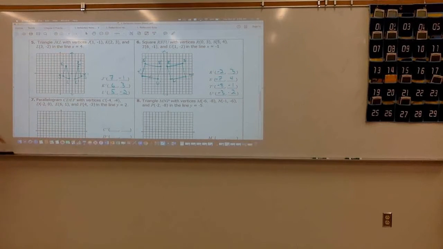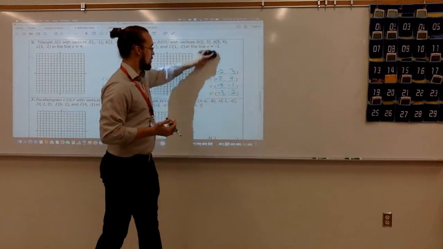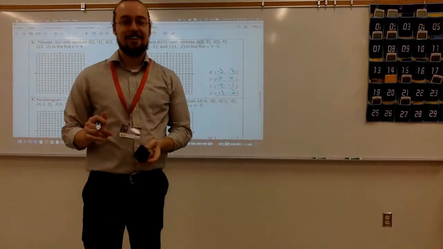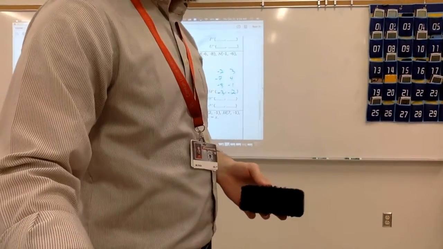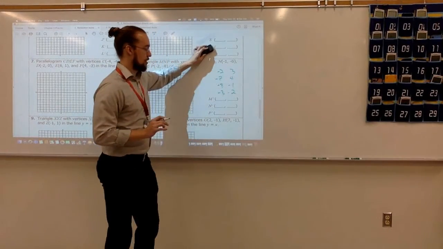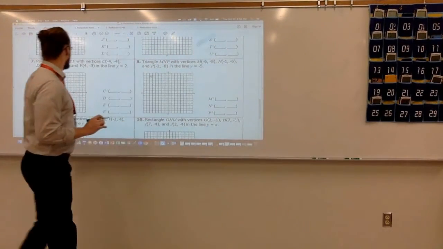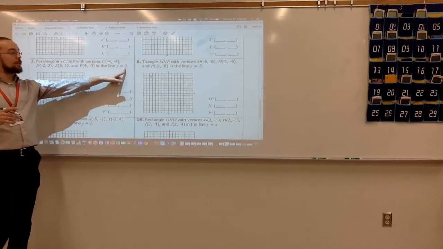Alright. So then the last idea that we're going to look at today is 7 and 8, reflecting across a horizontal line other than the y-axis. So if I look at number 7 here, I want to take these 4 points and reflect in the line y equals 2.